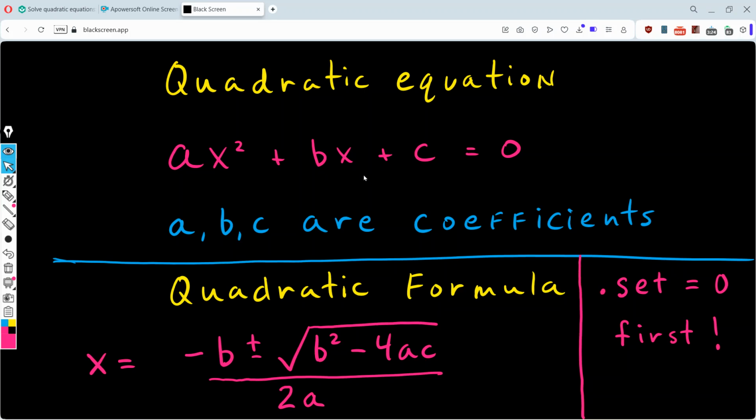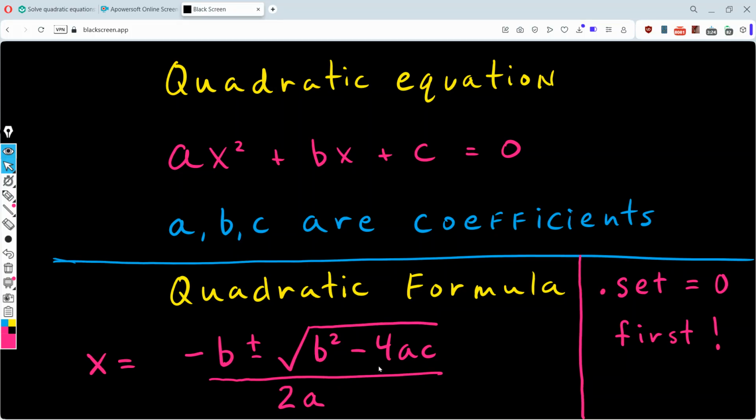So when the equation is in this form, and usually you use this formula when you can't factor, but either way, when the equation is in this form and you have to set it equal to 0 first, you can use this formula to solve for x. So x is going to equal negative b plus or minus the square root of b squared minus 4ac all over 2a.